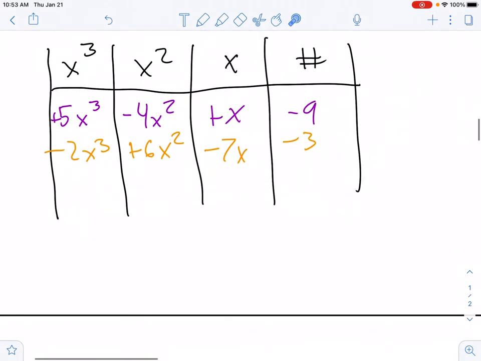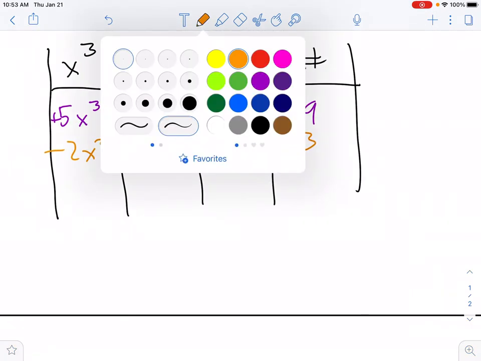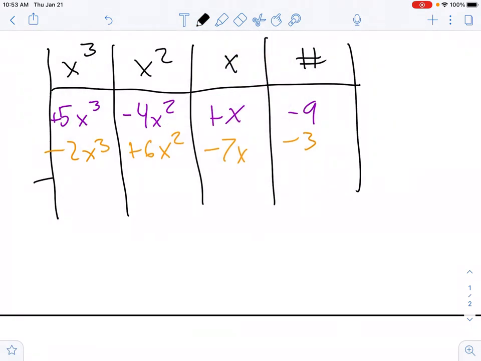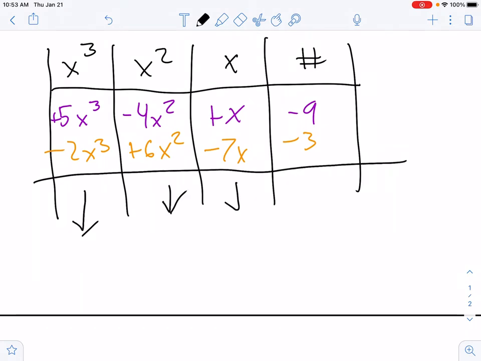And now what I'm going to do is just combine them using my sign rules. So down below here, I'm going to write what I get for each one of these when I follow my sign rules. Positive 5 minus 2. 5 minus 2 is 3. So I have a total of 3x to the thirds.